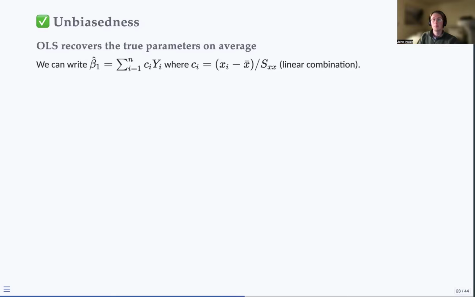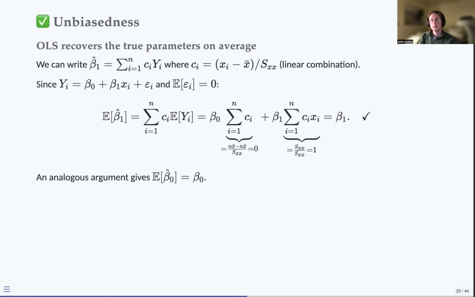So we can confirm, in fact, that the OLS recovers the true parameters on average. So it means it's unbiased. The algebra for this is, again, a little bit messy, but relatively straightforward. I've tried to break down the intermediate steps to show this more easily. I did this just for beta hat 1.